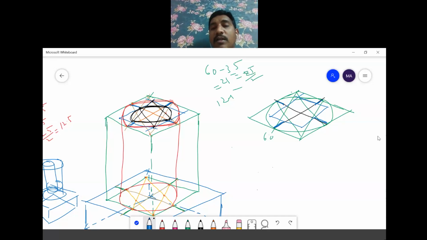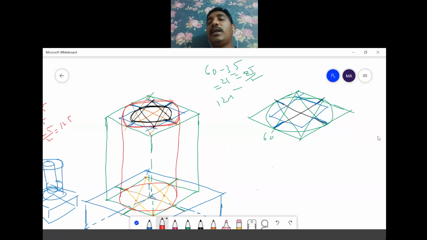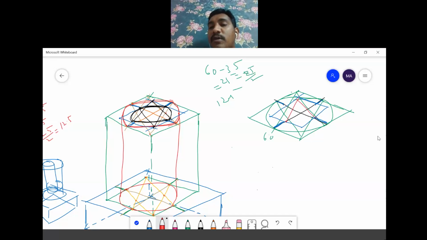In this square, I am again drawing a circle of 35 mm diameter, that is the inner diameter of the cylinder. Again I am using the 4 center method, joining from the top vertex to this midpoint and this midpoint, and from the bottom vertex to this midpoint and this midpoint.